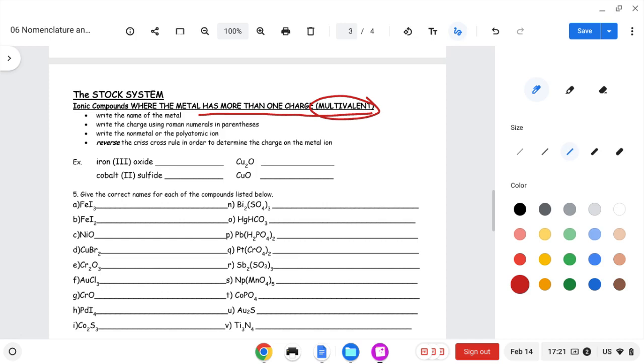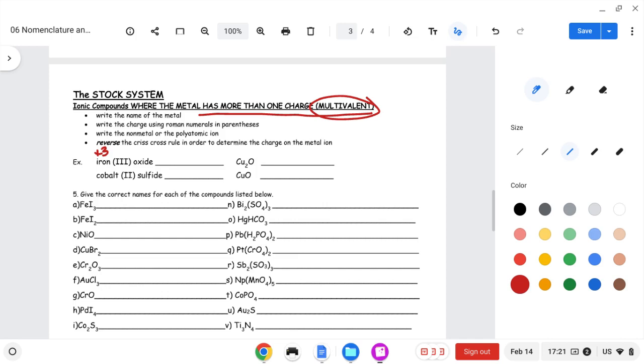If we need to come up with the formula from the name and figure out the charge, then we have to actually reverse the crisscross rule in order to determine the charge on the metal, because sometimes it's been reduced, and so we will have a difficult time figuring out the exact charge. Here are a couple of examples that we'll do together. Here's iron 3 oxide. When you see that 3 in brackets, that is telling me the charge on iron.